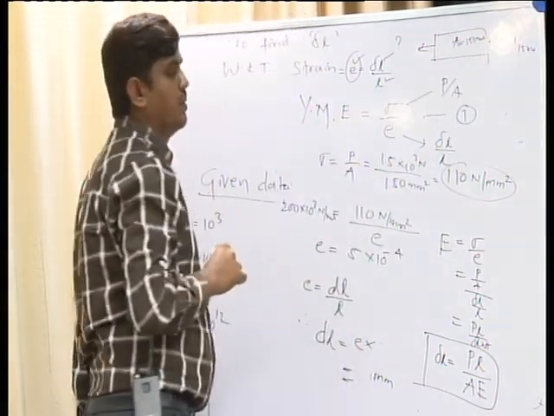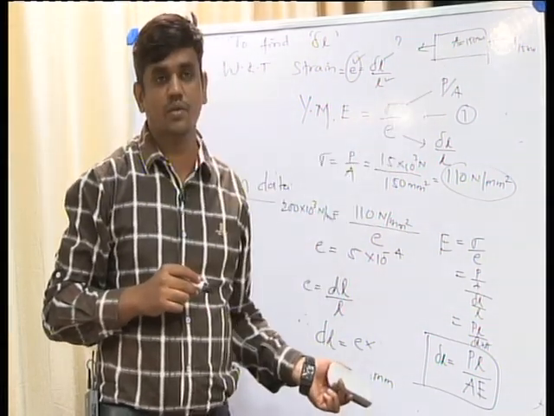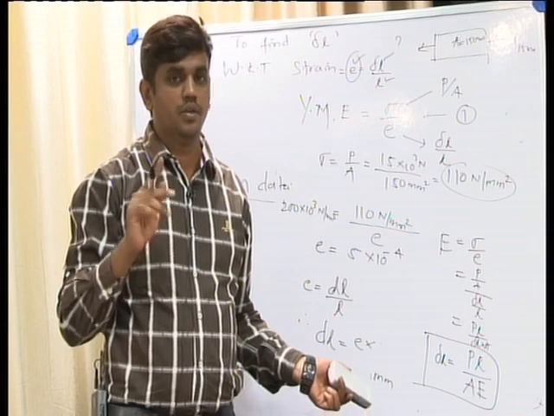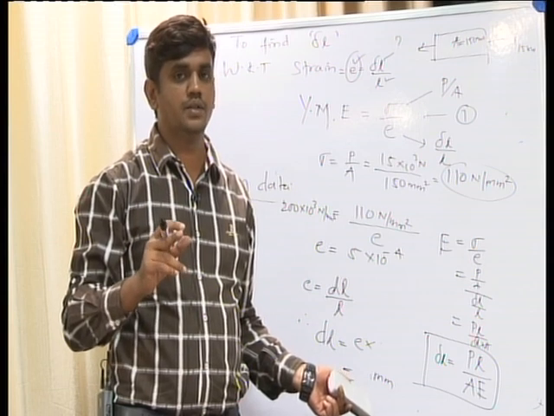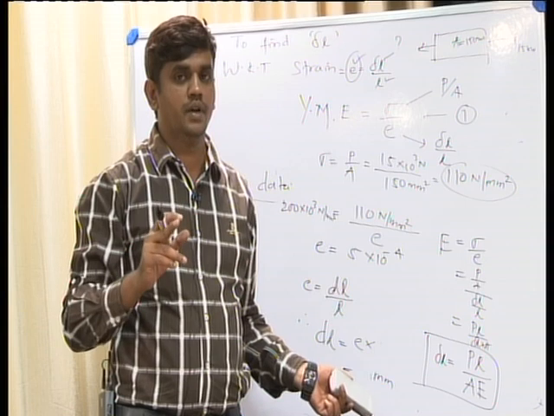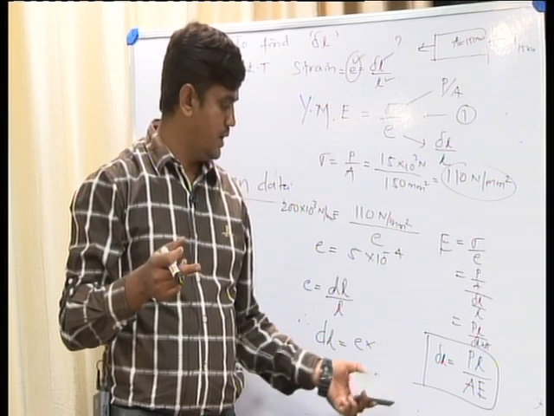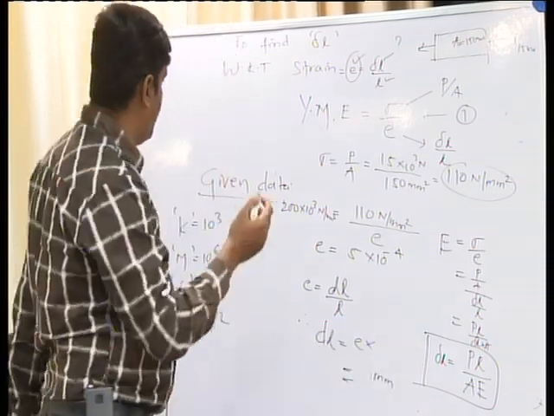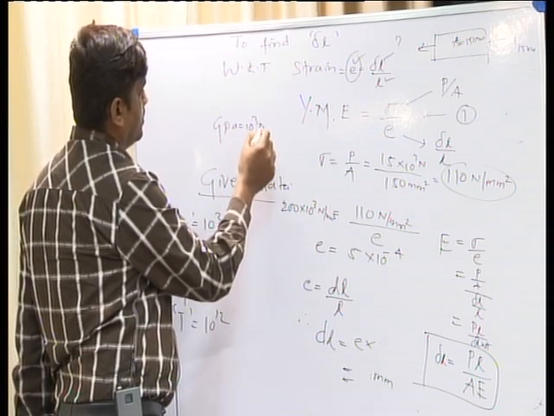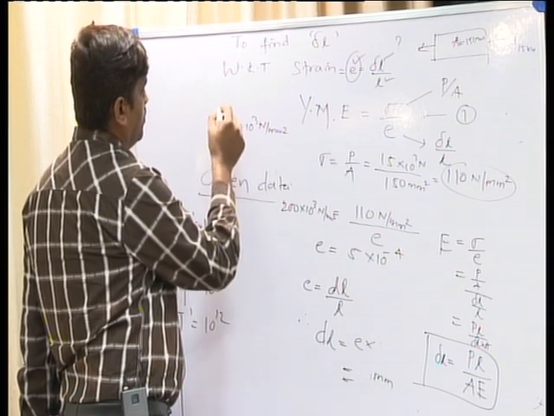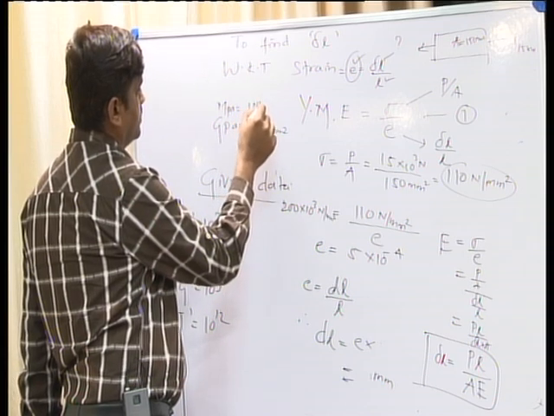The aim of the problem is to find the elongation of the bar, given Young's modulus E is equal to 200 GPa, and you have to remember to convert that GPa to Newton per mm square. 1 GPa is equal to 10 raised to 9 Newton per meter square, and Newton per meter square is again converted into Newton per mm square, and at last we get 1 GPa is equal to 10 raised to 3 Newton per mm square, and 1 MPa is equal to 1 Newton per mm square.